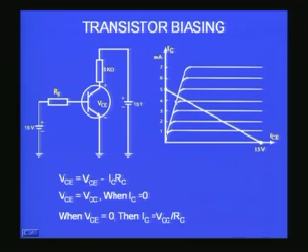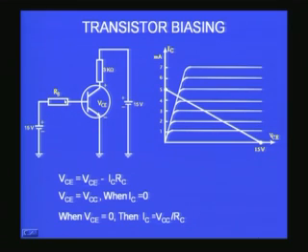That means all my circuits having the same VCC and the same RC with the transistor will always be somewhere along this line. I do not have to concentrate on any other point away from this line. All the time my transistor will be only along this line. Where it is might depend upon how much base current I give.